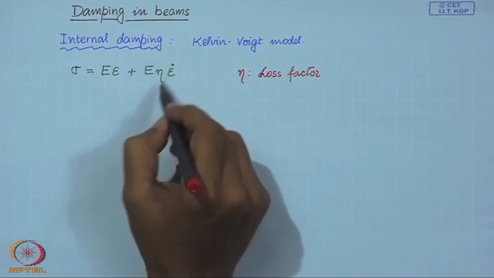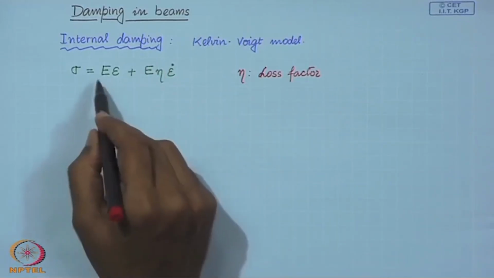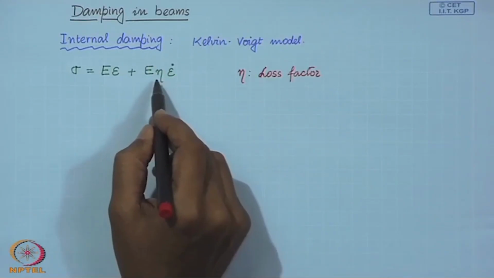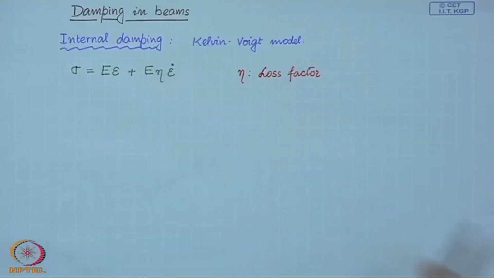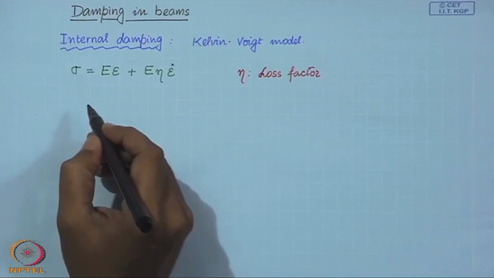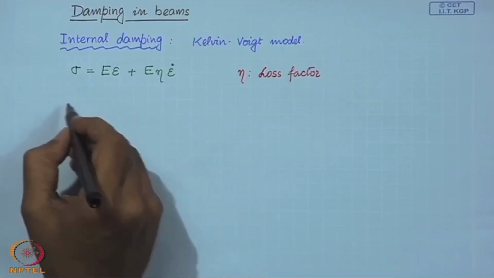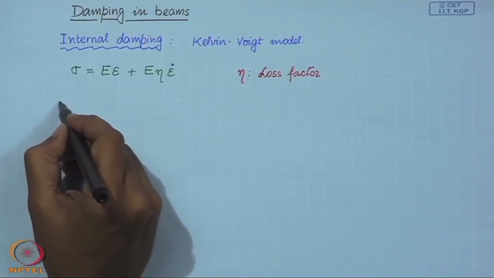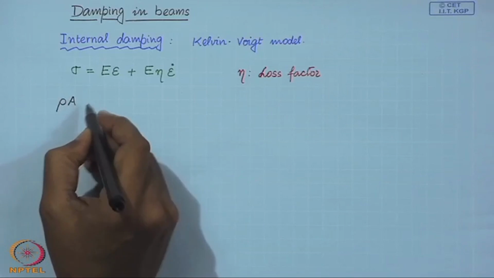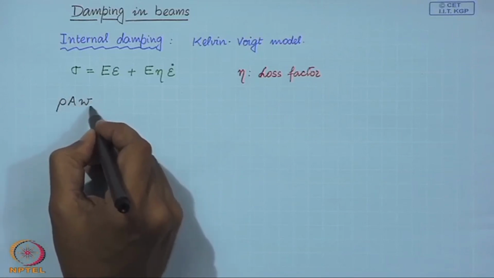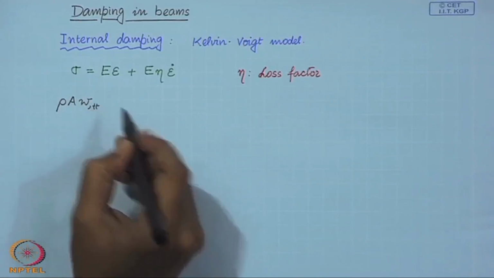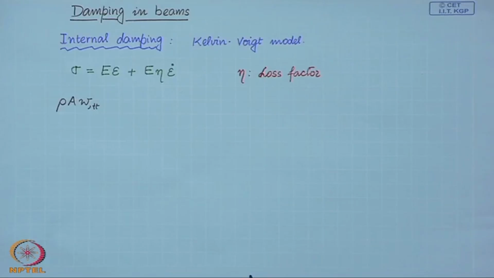It is written in a special way in order to match this term. So, E times some eta times epsilon dot. So, if you use this model to derive the equation of motion, then you can easily see that the equation of motion is as follows.